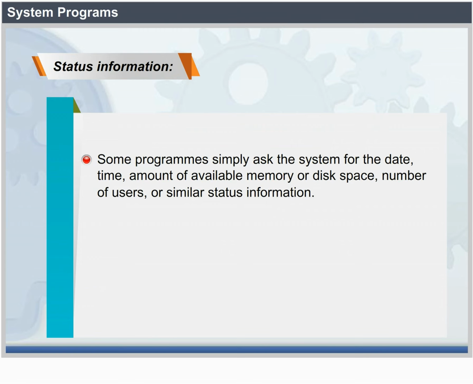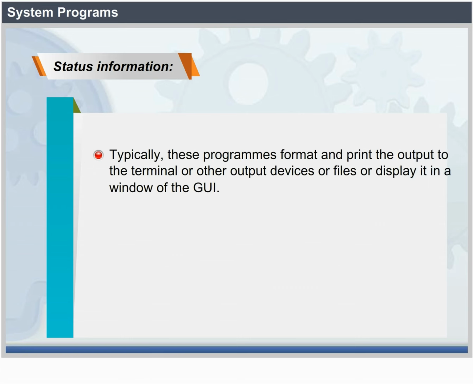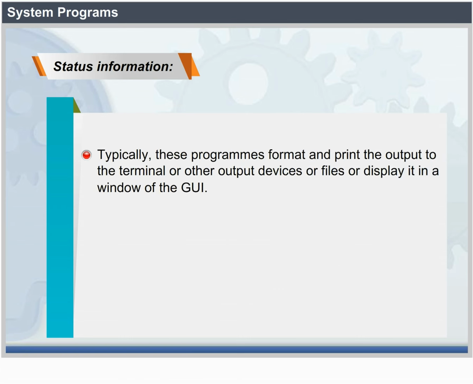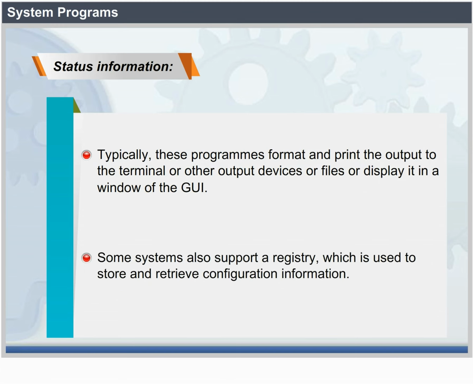Others are more complex, providing detailed performance, logging, and debugging information. Typically, these programs format and print the output to the terminal or other output devices or files, or display it in a window of the GUI. Some systems also support a registry, which is used to store and retrieve configuration information.